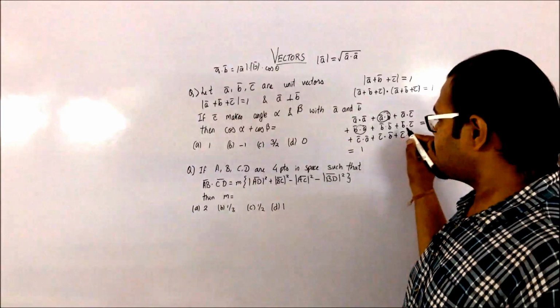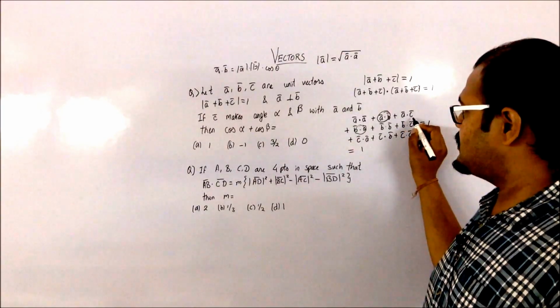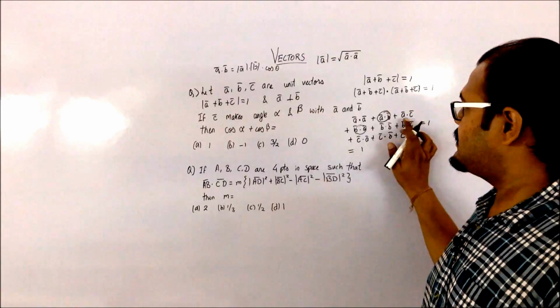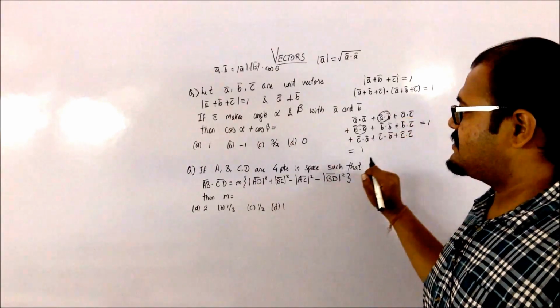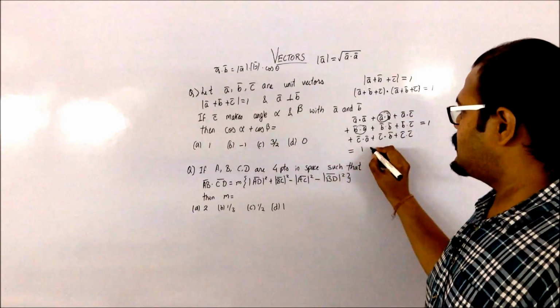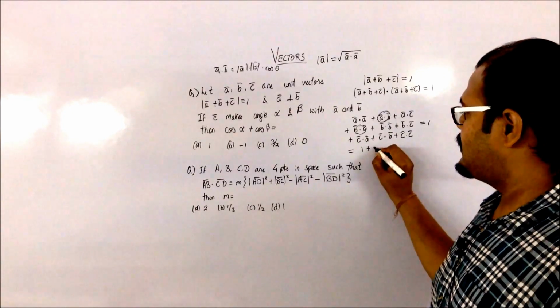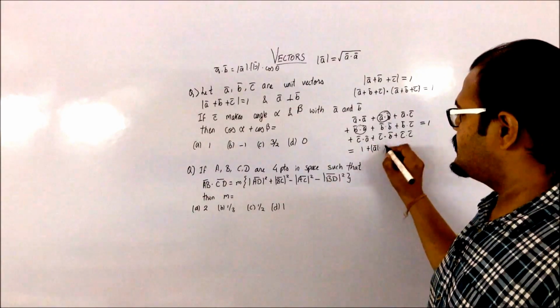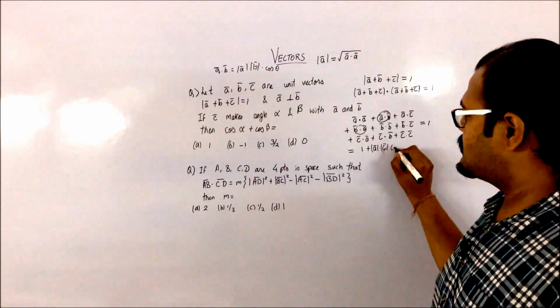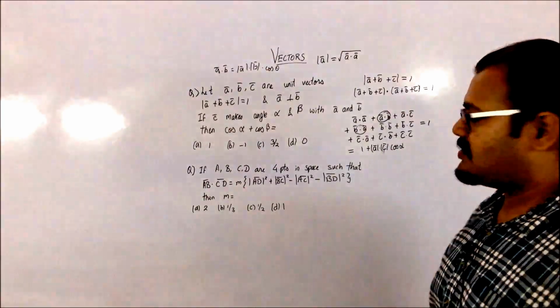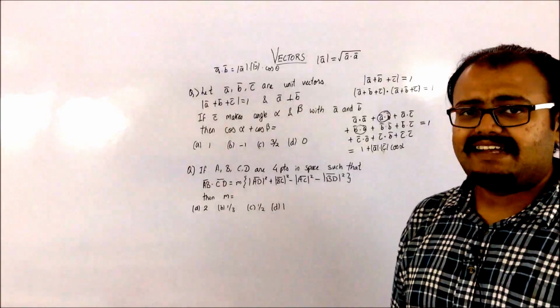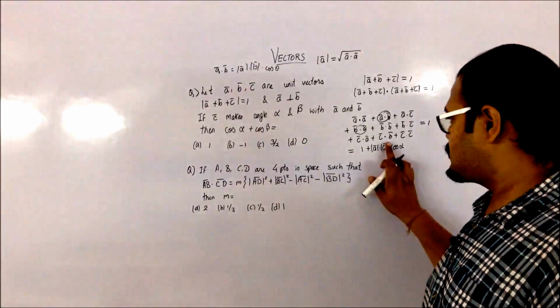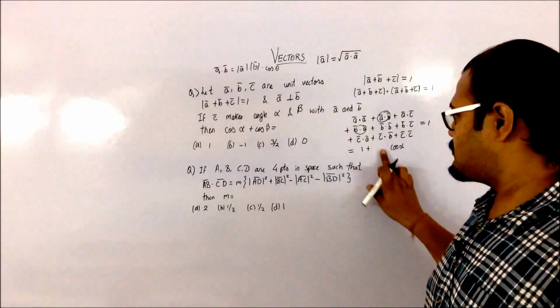Then coming to A dot C, now I know that the angle between A and C is given by alpha. So it will be plus magnitude of A into magnitude of C into the cos of the angle, which is cos alpha. And since A and C are unit vectors, that will also go, that is 1 basically.